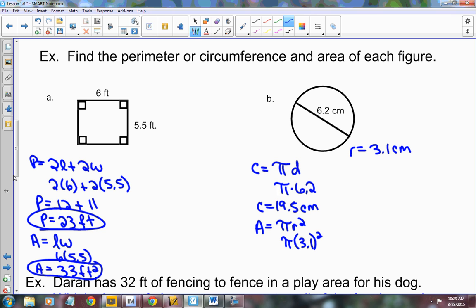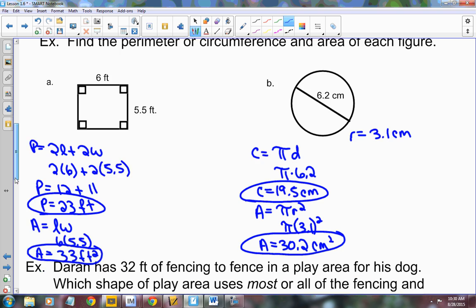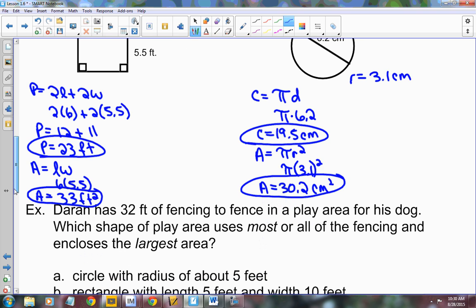Nobody got anything, huh? You still typing it in? 30.2. Okay, 30.2, and that would be in centimeters. So there's my circumference, and there is my area. Remember to show your work on your homework. All right, any questions on that?